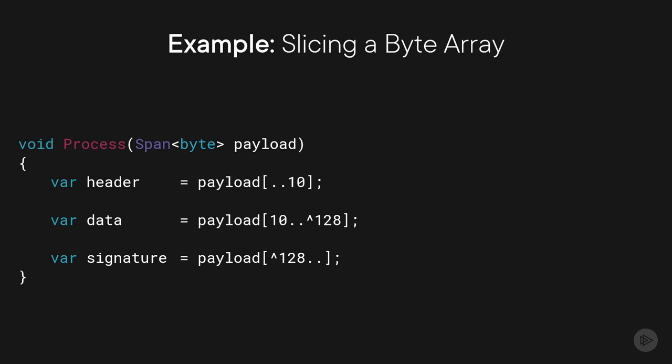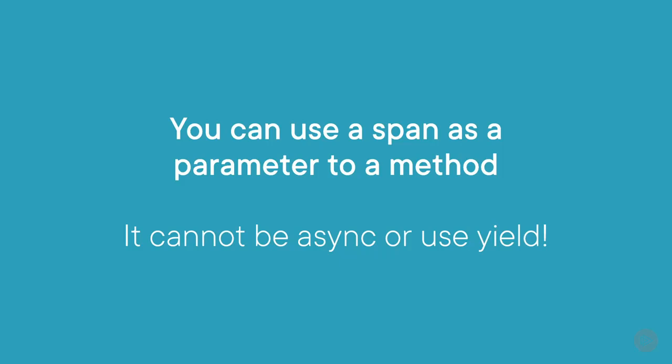What about if we want to pass a span around, to have other methods in the application work with the data and leverage the power of that being a span? From what we've discussed so far, this would greatly improve performance throughout the entire application, especially if we can avoid unnecessary allocations.